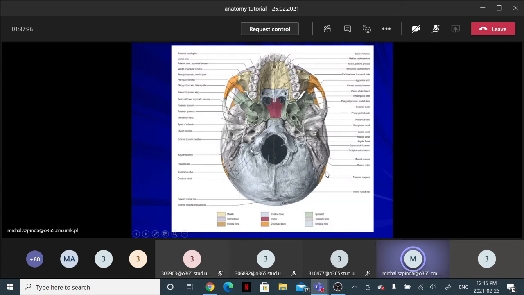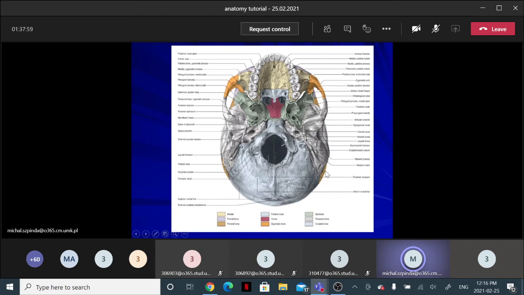The lateral parts of the occipital bone bear ellipsoidal articular surfaces for the atlas. These 2 are occipital condyles.